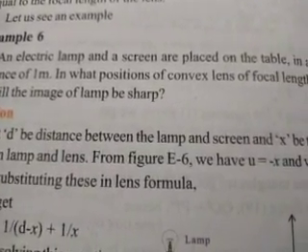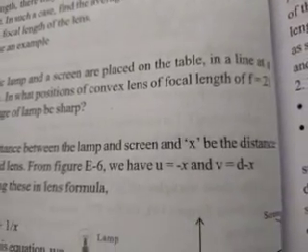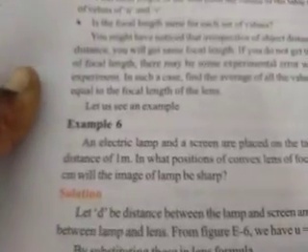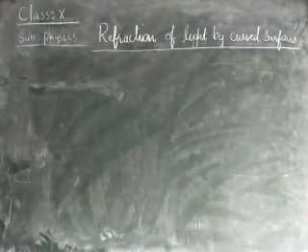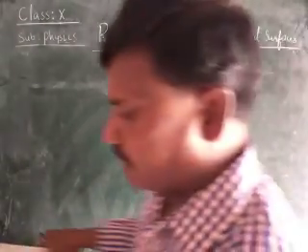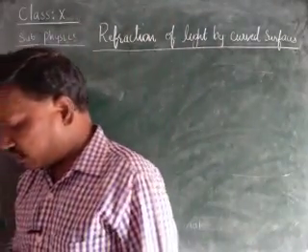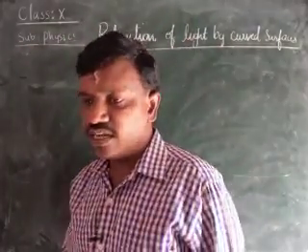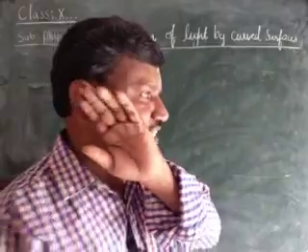In what positions of a convex lens of focal length f equal to 21 centimeter will the image of the lamp be sharp? To get a sharp image of the lamp, where the convex lens should be placed, he is asking, children.